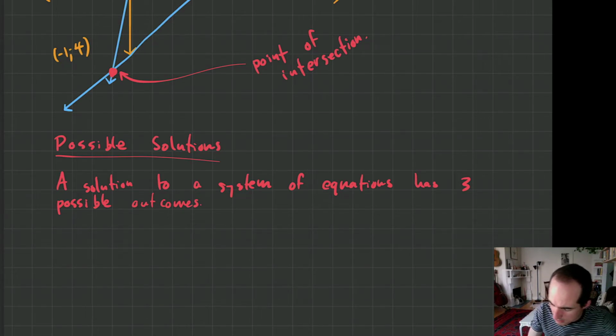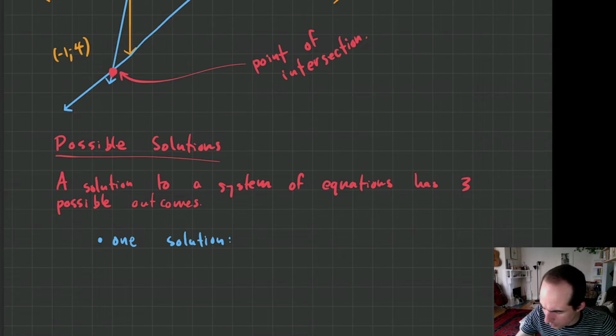Okay, so a solution to a system of equations has 3 possible outcomes. The first outcome could be that we have one solution, and that is where you have a single point of intersection. Like if this is one of my lines and this is my other line, they intersect at a single point.